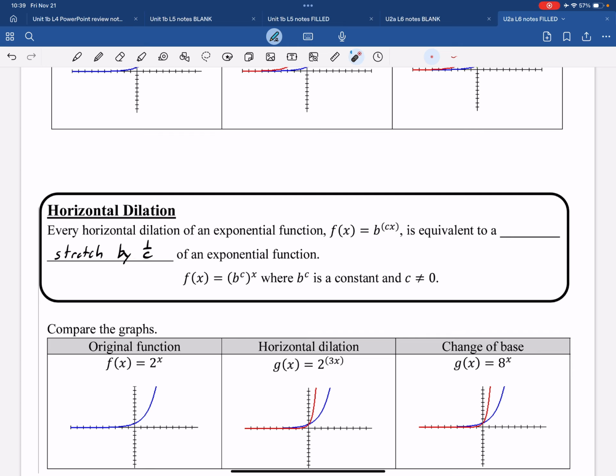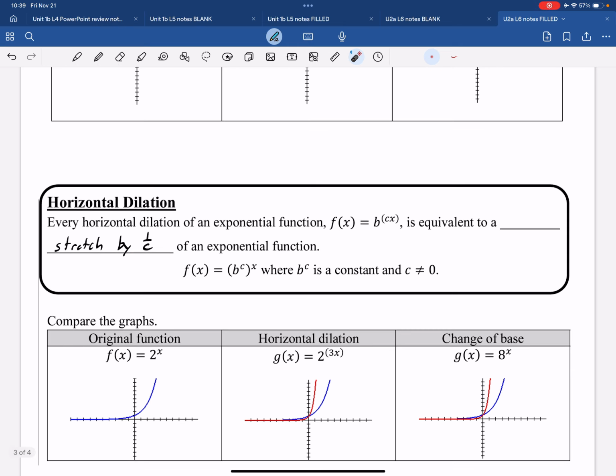Another thing you could say is a change of base. We'll look at that in a second. But if you just want to think about it graphically, you can think of a stretch by 1 over c. It's a little confusing. Multiply by c, the graph will get stretched by 1 over c.